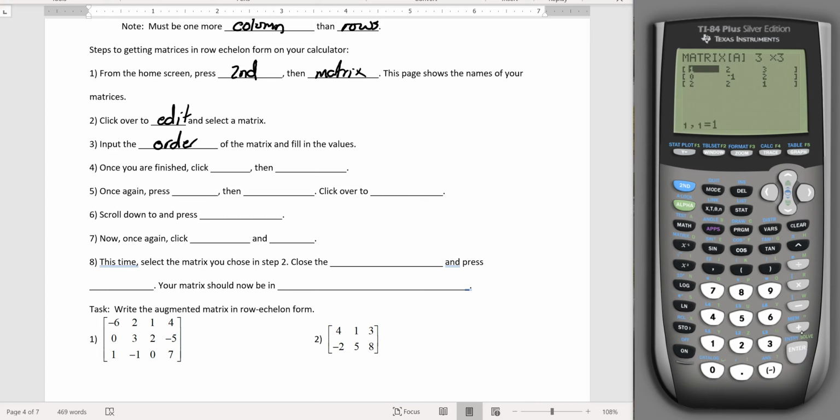See, I messed up already. Second matrix, go over to edit A, 3 by 4. All right, now I've got space.